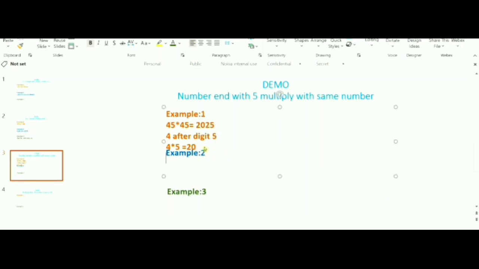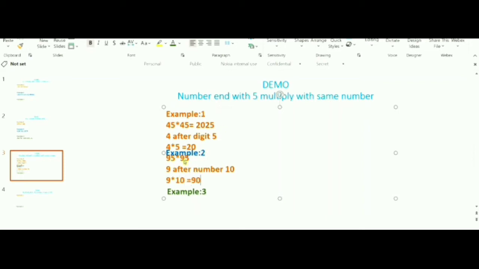Okay, all right. So the second one is, suppose I'm going to do 95 into 95. What will be the answer for this? So 95, what is the after number of 9? 9's after number is 10, right? So now 9 into 10 equals 90.